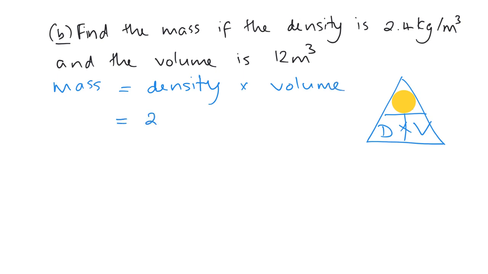So our density is 2.4, our volume is 12, so we'll multiply that and we'll get 28.8. So mass, remember, is going to be in kilograms or grams. Look up here, our density is kilograms per meter cubed. So our units for mass will be kilograms.